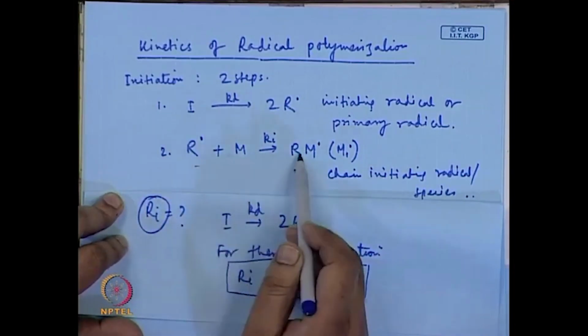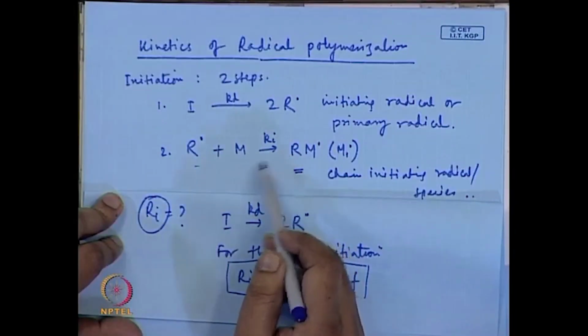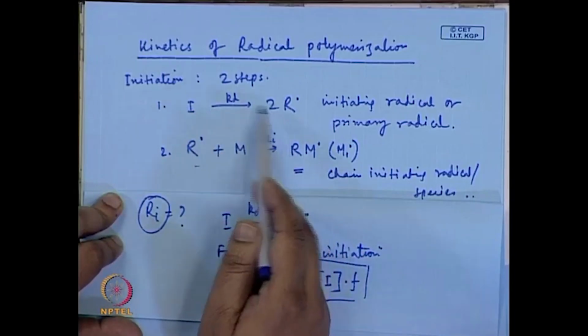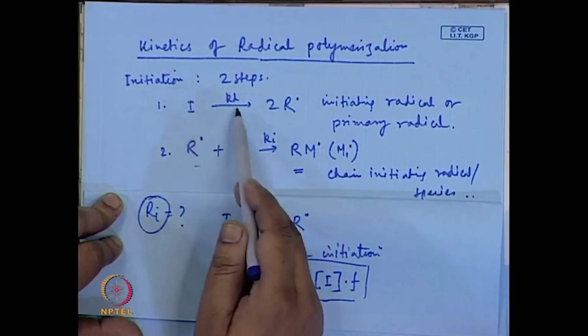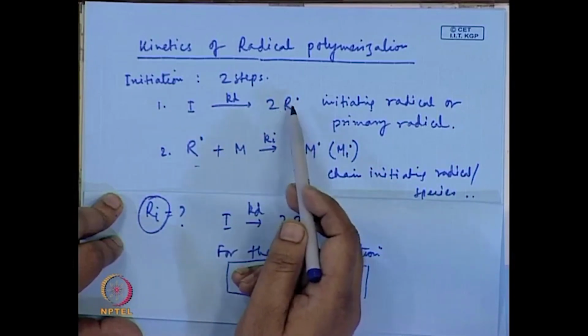Now, the fact that this is the very first reaction, these as well as all the propagating reactions, they are very fast compared to the initial dissociation reaction of the initiator molecule into 2 radicals.